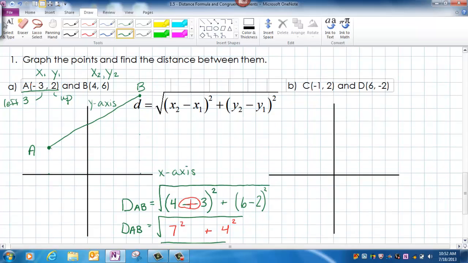Okay, so now that gives us an idea. Rather than us just putting, oh, from A to B is 8.06, we actually calculated it for ourselves.